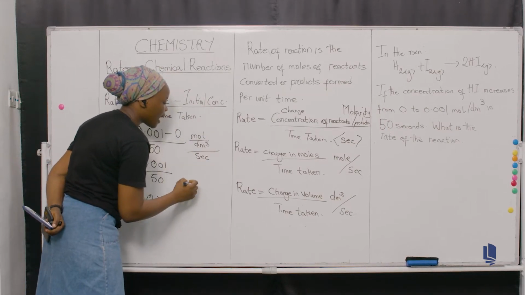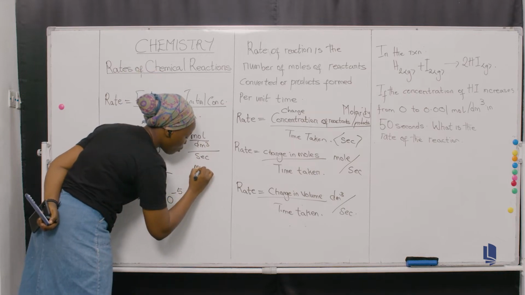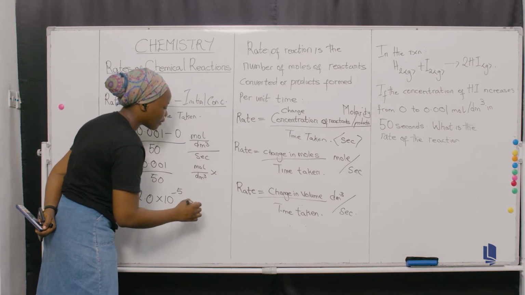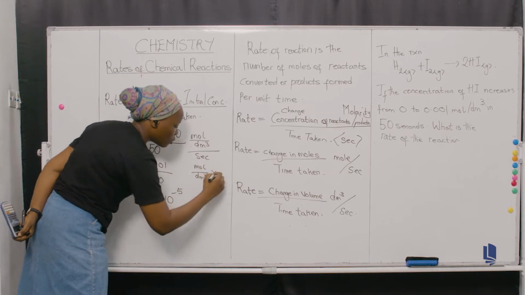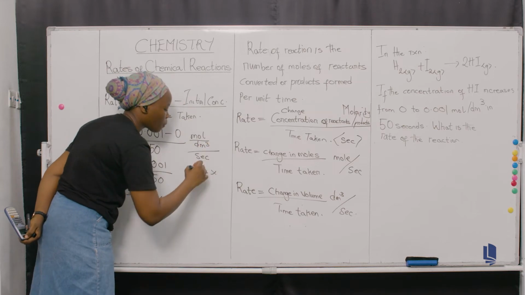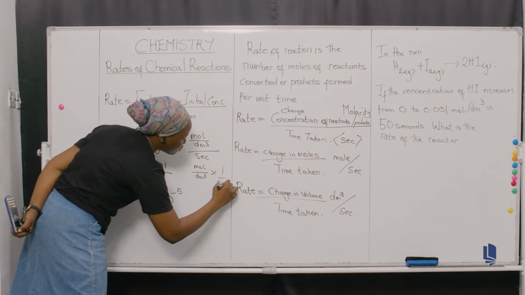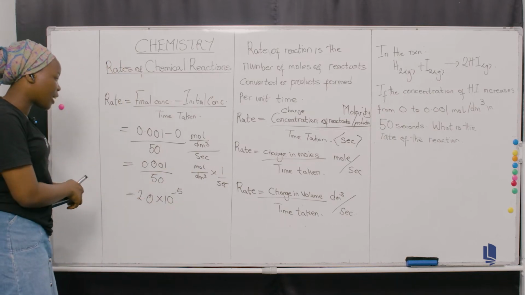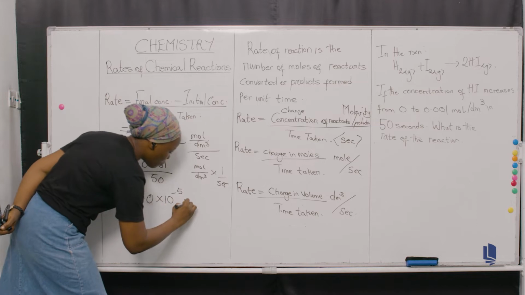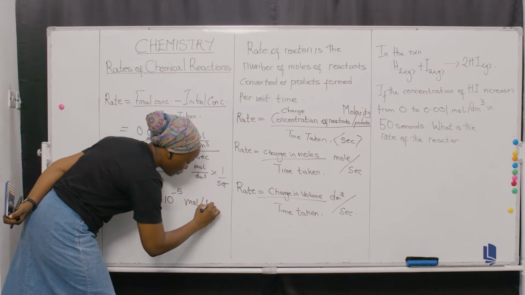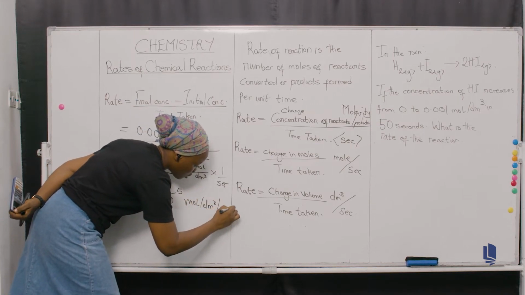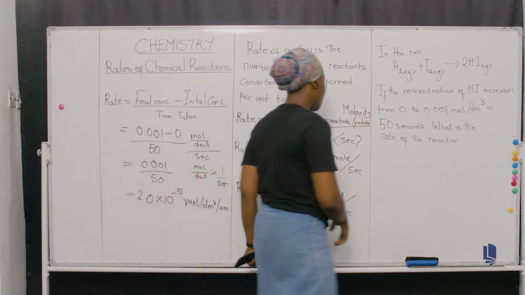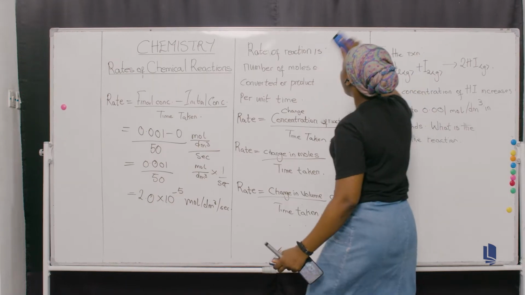So this is mole per dm cube, multiplied by, or if you bring this up, 1 over seconds, since it's divided by. And this would be mole per dm cube per seconds. Hope we are clear on that. Can we continue? Any question on that?